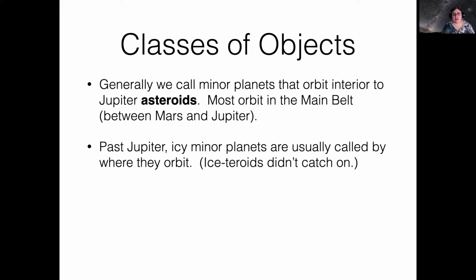In fact, we might even include the Trojan asteroids, the ones that orbit in or near Jupiter's orbit, in this category. Now, past Jupiter, we tend not to call those objects asteroids, even though they are in the same classification system. They're minor planets. They generally get classified by where they orbit. Some folks tried to get asteroids going, but asteroids didn't happen.